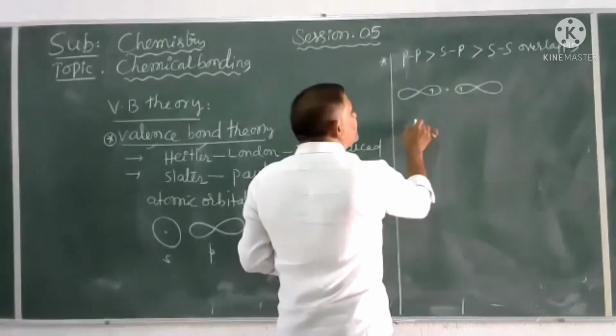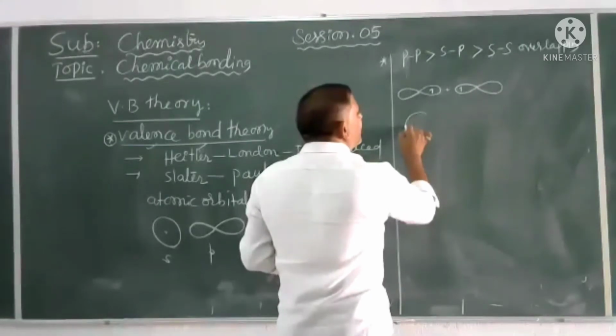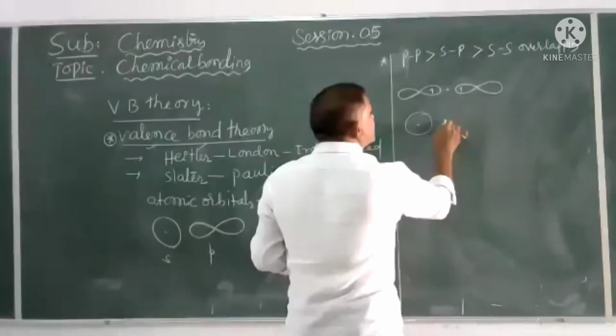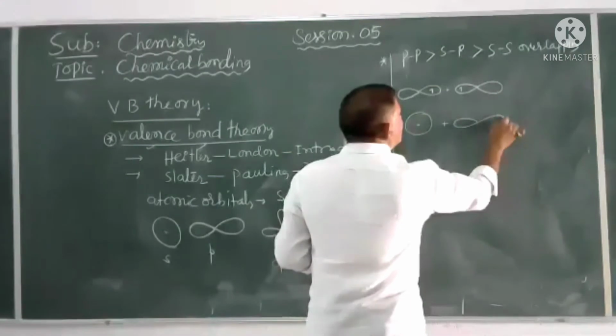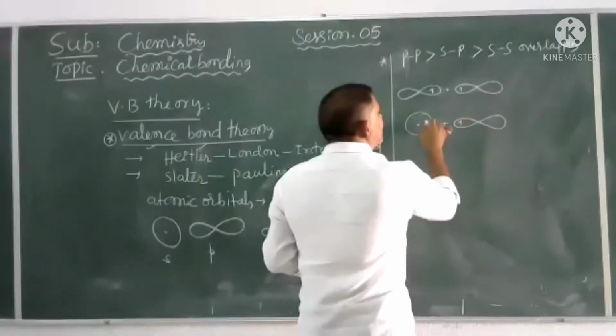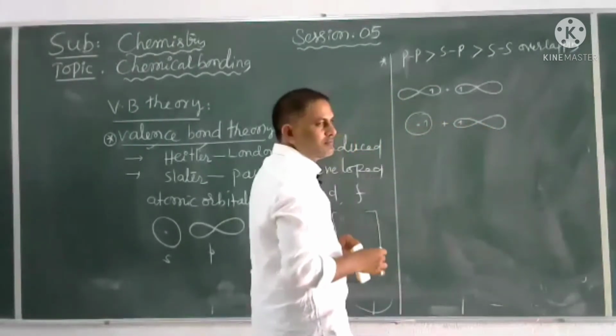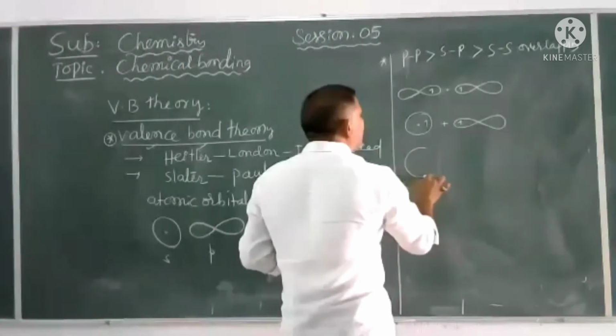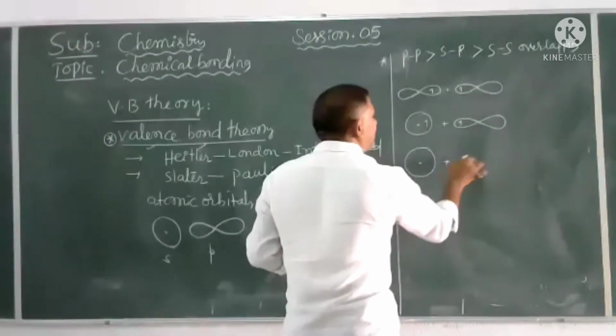Now SP overlapping means one is s orbital and another one is p orbital. This is the overlapping between s and p. Another one is the SS overlapping, s and s.